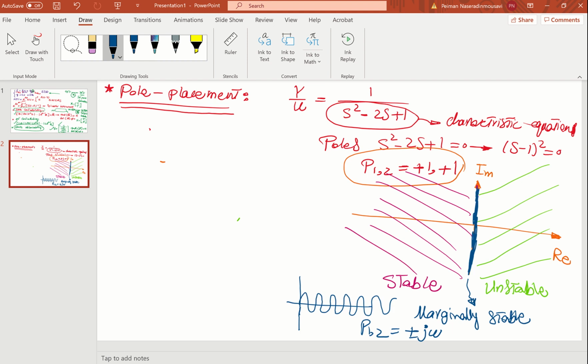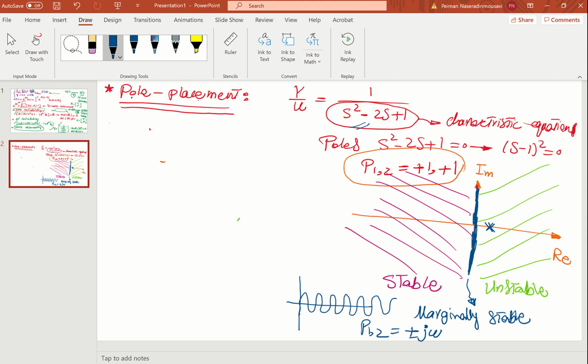Right. So now in this system that I'm saying, you have two poles. It is plus 1 and plus 1. So your system is unstable, whatever it is. It is a car, it is a single degree of freedom robot, whatever. I don't care. So your system is unstable. So you have to place the pole.